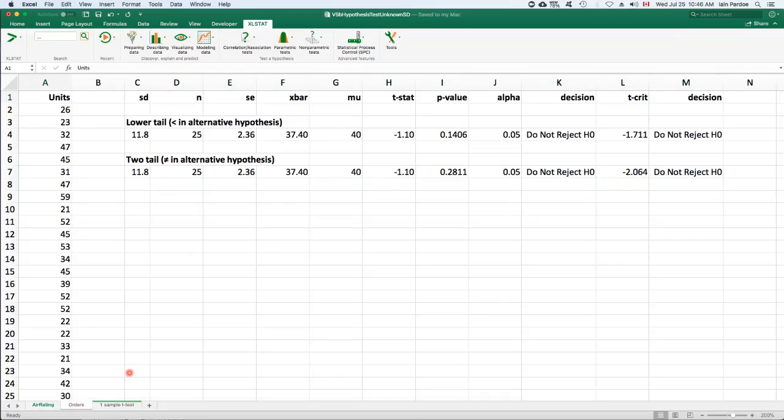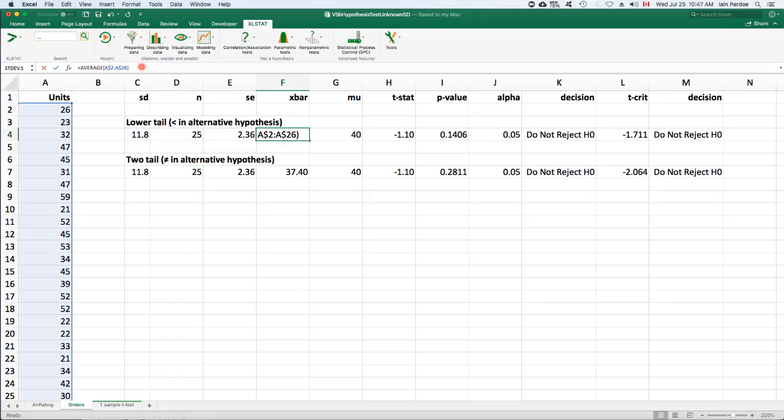How about lower tail tests? For this data set, I think this is orders for toys from retail outlets for a specific toy. And we're not assuming we know the standard deviation, so we're going to calculate it from the sample. It comes to 11.8. We have a sample size of 25, standard error 11.8 divided by square root of 25.